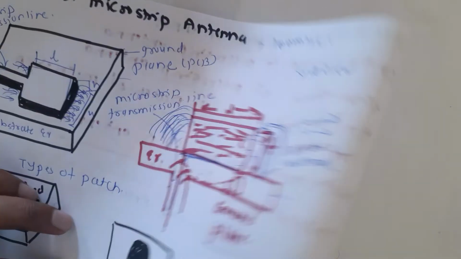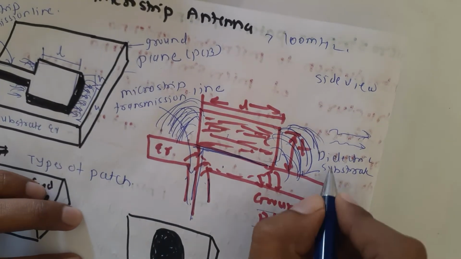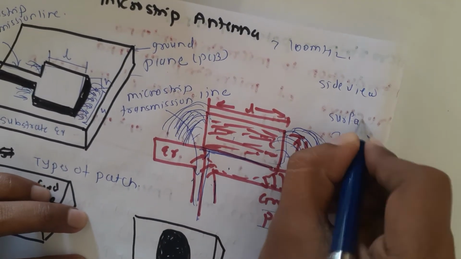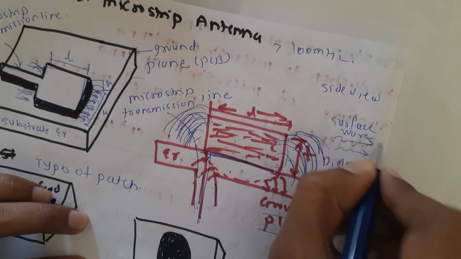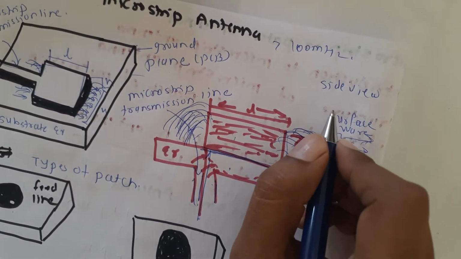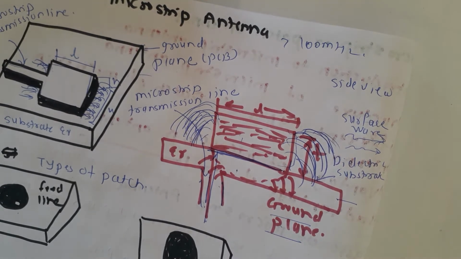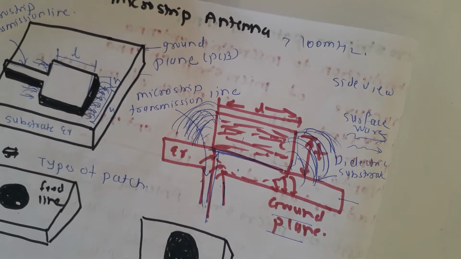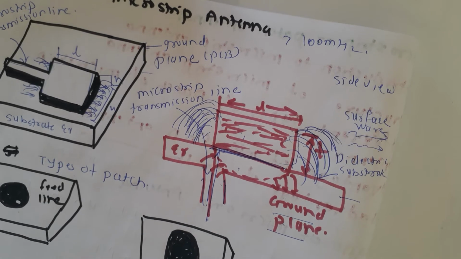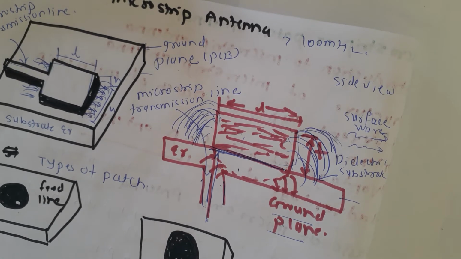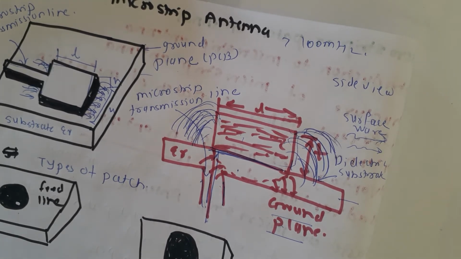That wave is called a surface wave. It is generated due to the reflections arriving at the edge of the strips, resulting in radiation of only a small fraction of the incident energy.